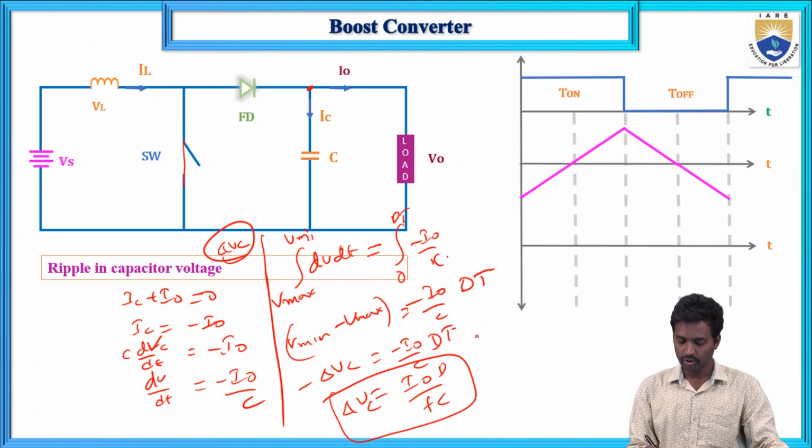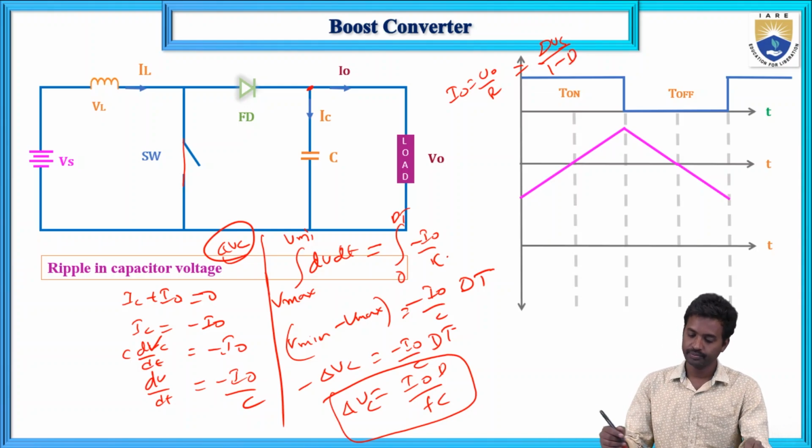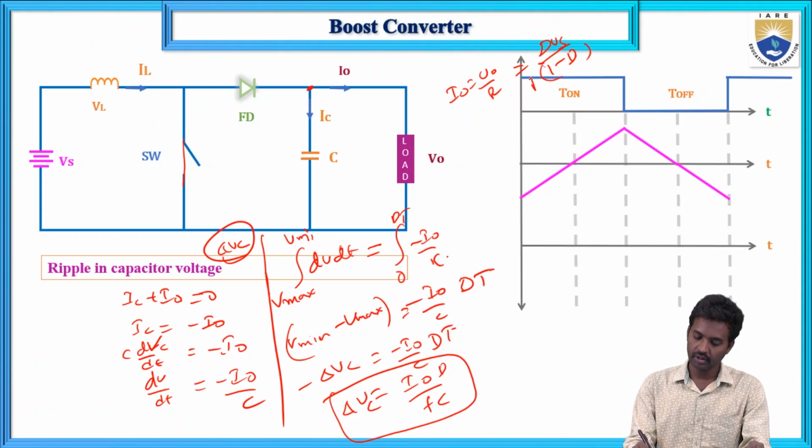Now substitute I naught equals V naught by R, and V naught equals D into Vs by 1 minus D, into R. Substitute in this, you will get the answer.